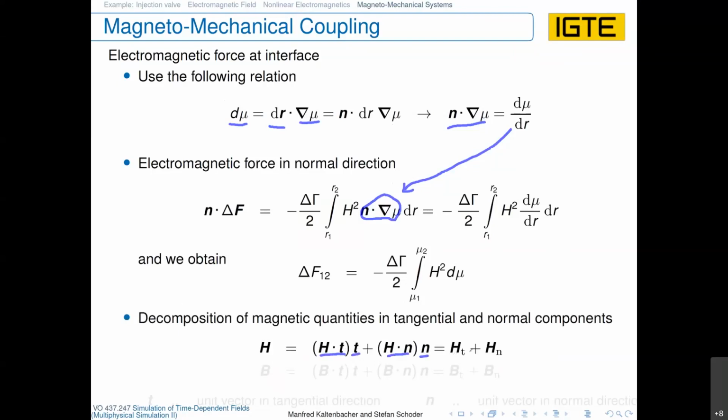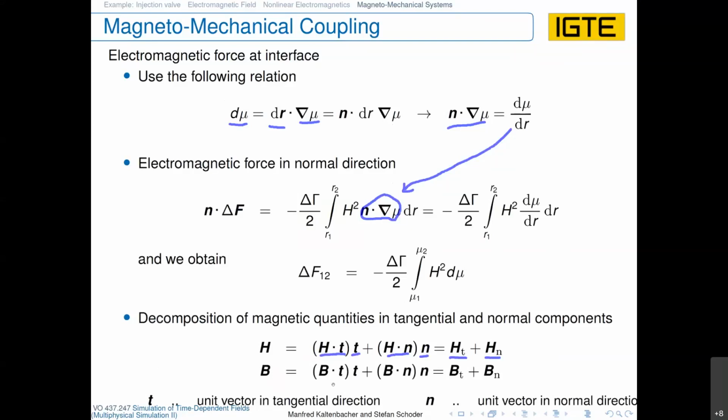So we have a vector pointing in tangential and in normal direction. And we do just the same for b, because we know that the normal component of b is continuous and the tangential component of h is continuous. So we also get a vector pointing in tangential direction of the magnetic flux density and in normal direction.